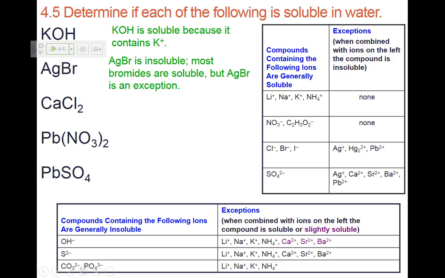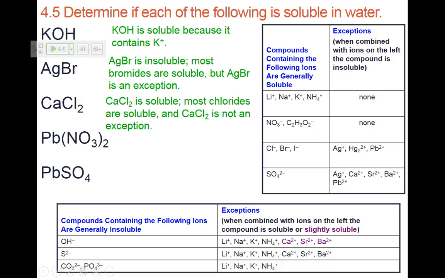It would not dissolve in aqueous, so it would only ever have an S, not AQ, because it doesn't dissolve. CaCl2: Cl- is fine. It's soluble. Its only exceptions are silver, mercury, and lead. Calcium is not silver, mercury, or lead, so it is soluble.